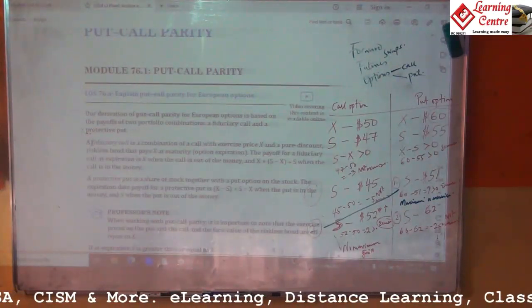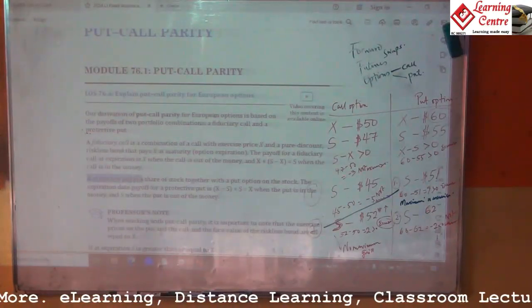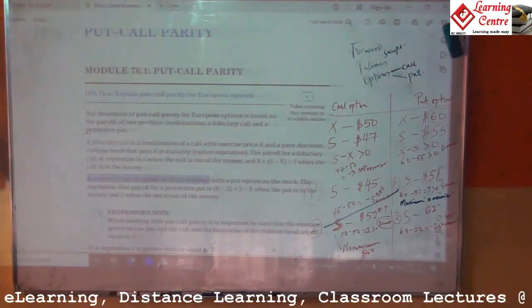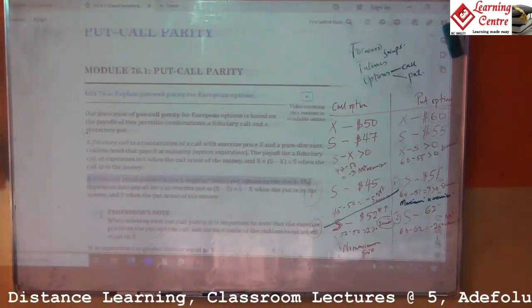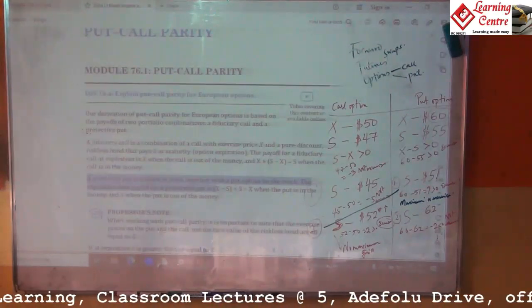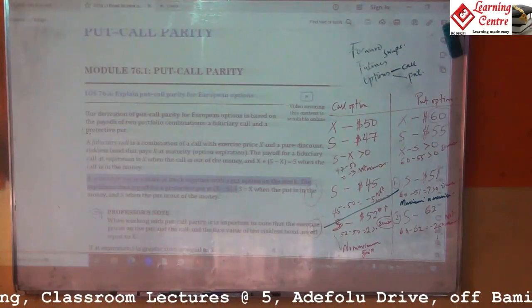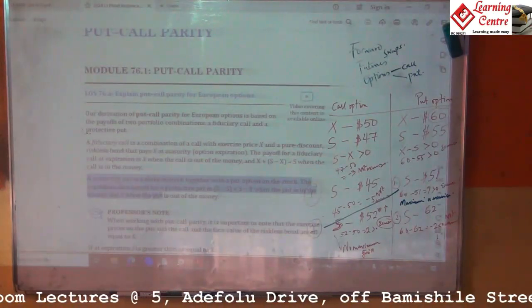We'll talk about this further as well. A protective put is a share of a stock together with a put option on the stock. The expiration date payoff for the protective put is S plus X minus S, which is X, when the put is in the money, and S when the put is out of the money.